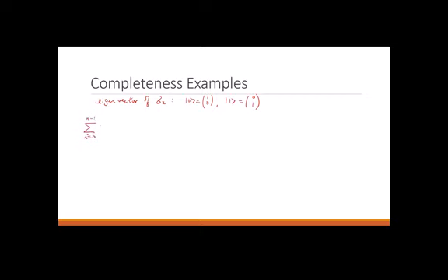Can you tell me, first of all, what is n in this case? What's the meaning of n? How many basis vectors, which means the dimension of the space, right? So this is 2 dimensions. n equals 2. So what I care about is the summation over i from 0 to 2 minus 1 of |i><i|.